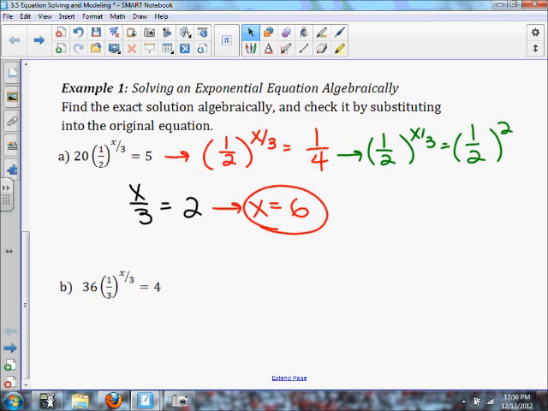If we put this back into the equation, we have 1/2 to the 6 over 3. Well, 6 over 3 is 2. What's 1/2 squared? It's 1/4. 1/4 of 20 would be 5. Now, I'd like you guys to work on B at this time.